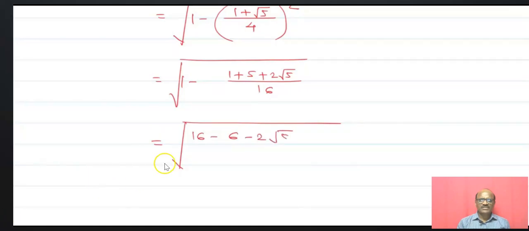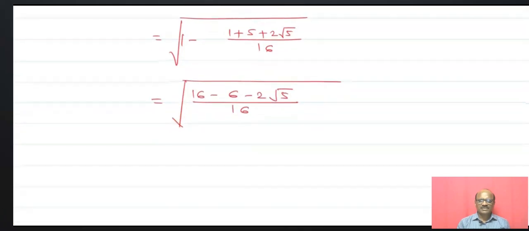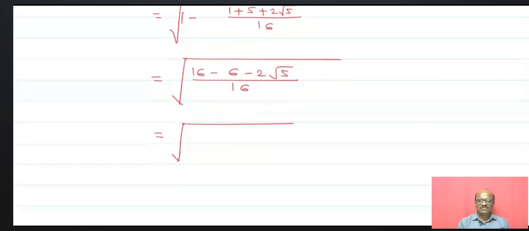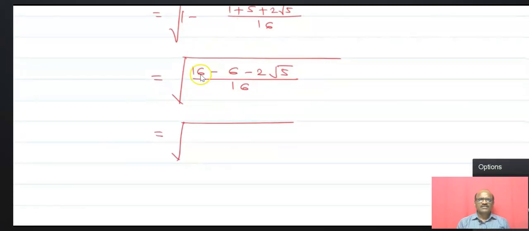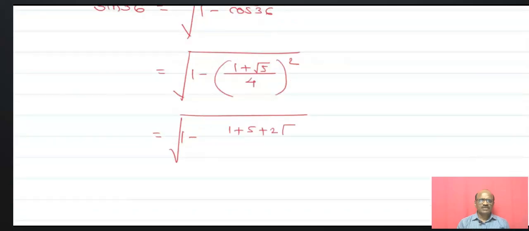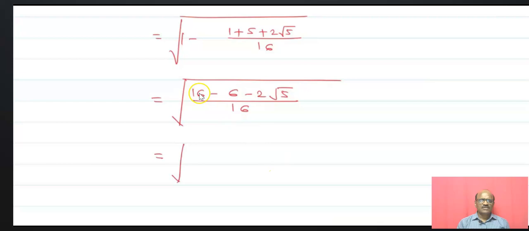That is 1 into 16 is 16 minus, now see this simplification, 16 minus 6 minus 2√5 upon 16. Now 16 minus 6 becomes 10 minus 2√5 upon 16.